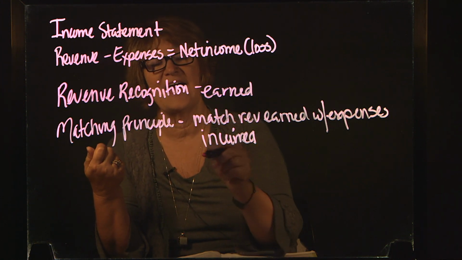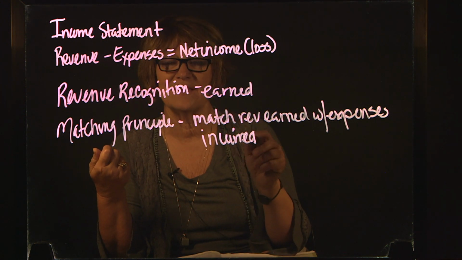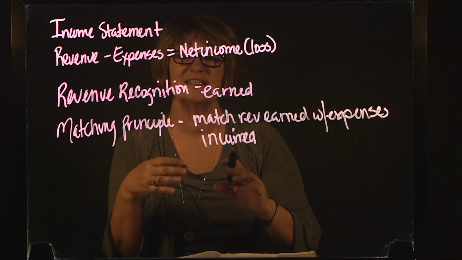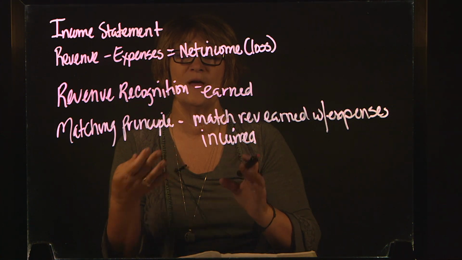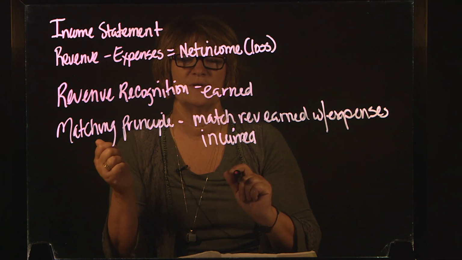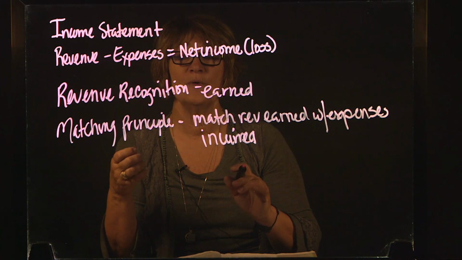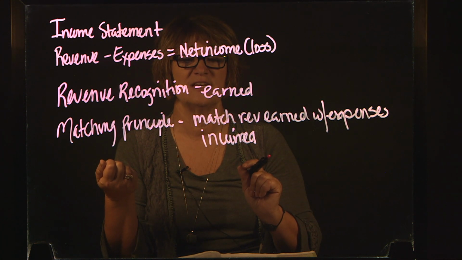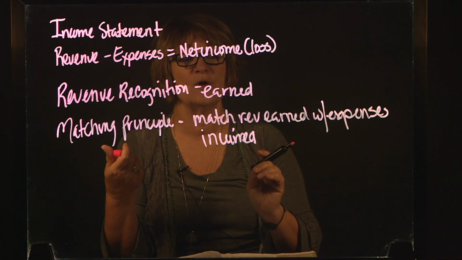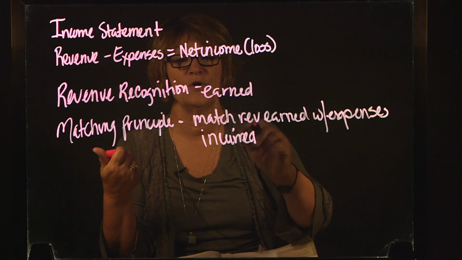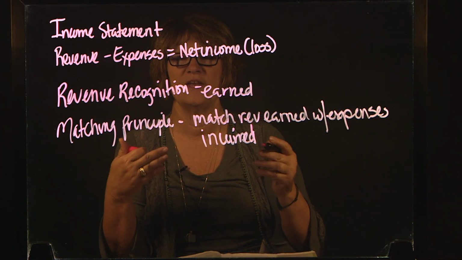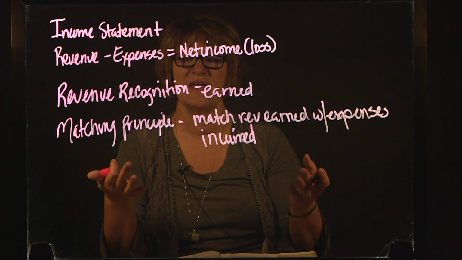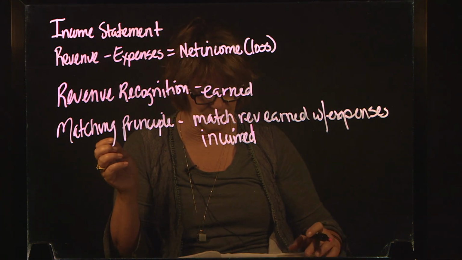So making the actual payment or receiving the actual money in return for the sales does not matter when recording revenue and expenses. You always want to record revenue when earned, whether or not you've received it, and you always want to record expenses when incurred. In other words, when you've made the expense against those revenues that those expenses helped earn.